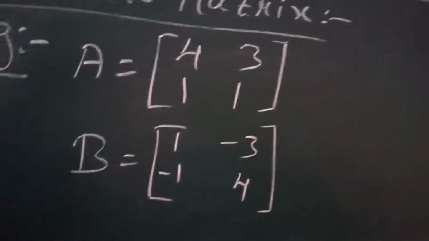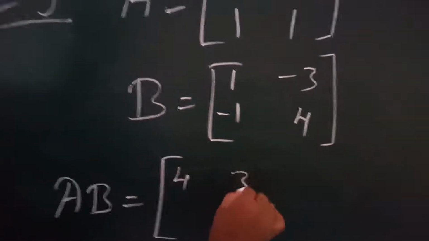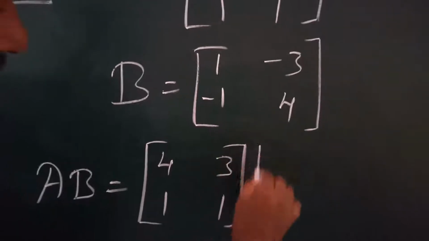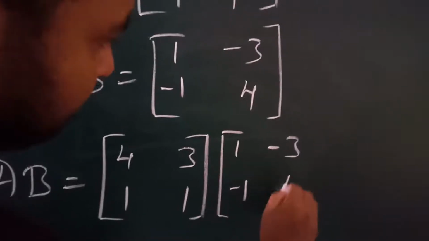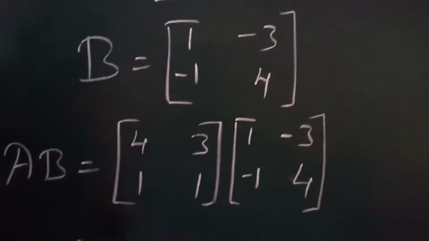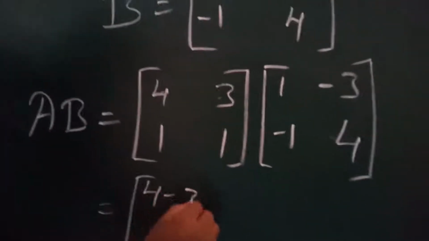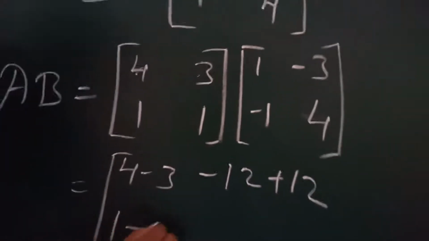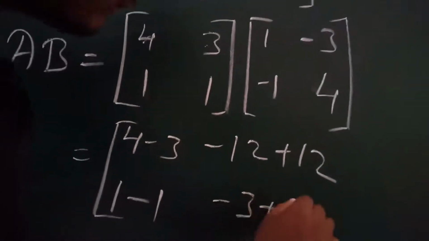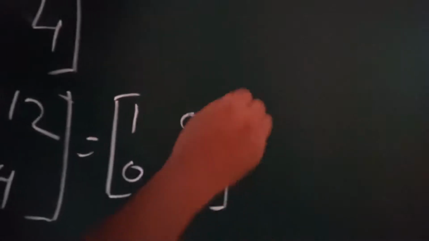If we multiply AB, we multiply 4 3 1 1 by 1 minus 3 minus 1 4. Then 4 ones are 4, 3 into minus 1 is minus 3, so 4 minus 3 is 1; minus 12 plus 12 is 0; 1 minus 1 is 0; minus 3 plus 4 is 1. So what we get here is 1 0 0 1, so it is I.